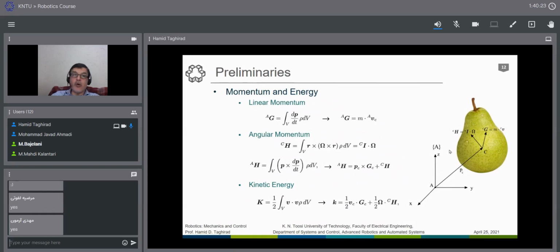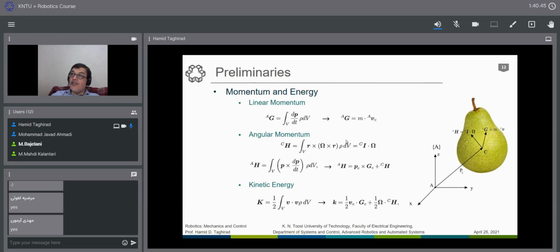The momentum of this system is the mass of the system times the velocity of that point, because at each point we have different velocity. It is the velocity of the center of mass. We call it the linear momentum, like this.